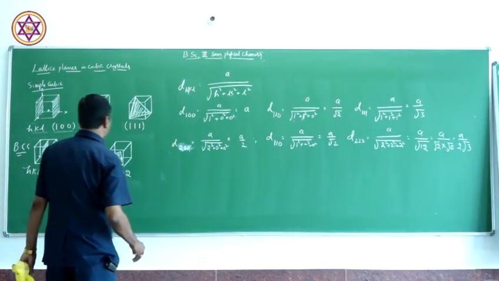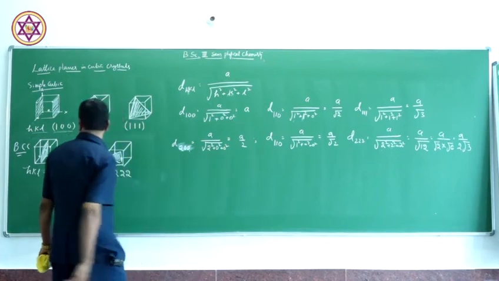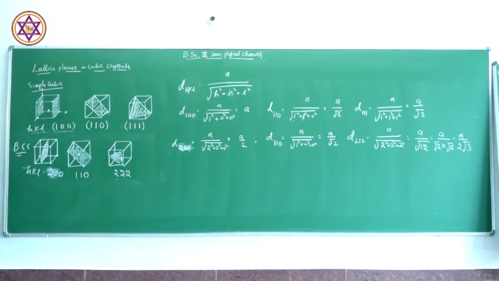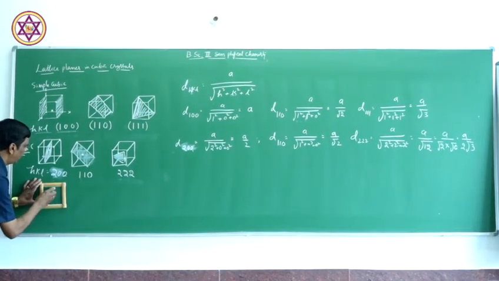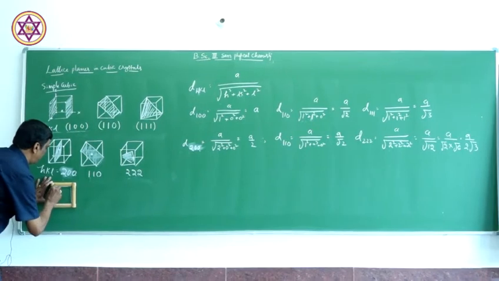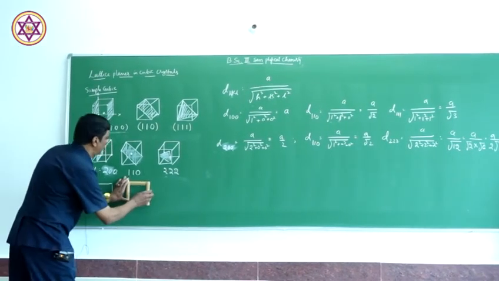Similarly, we can calculate the interplanar distance for another type of crystal, that is the face centered cubic lattice. I will draw this face centered cubic lattice.